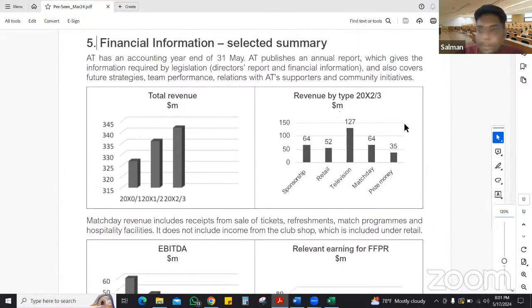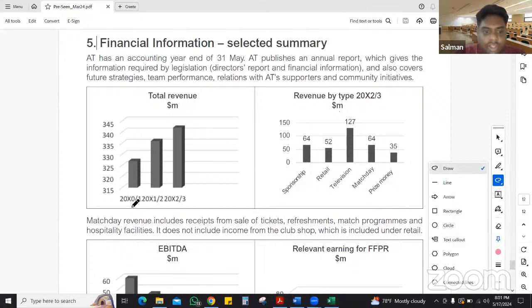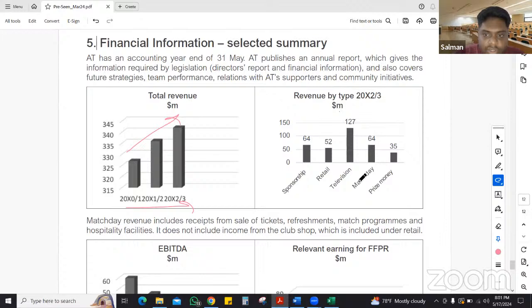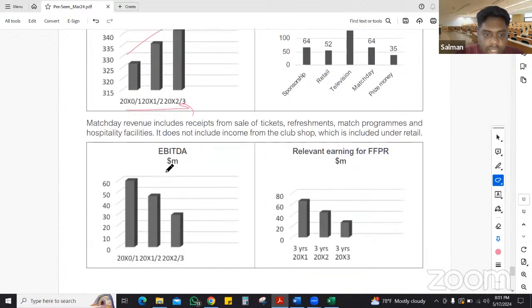You can see that revenue has increased. EBITDA, earnings before interest, tax, depreciation, and amortization, has declined. Your revenue increase means your profit should increase, but your operating expenses have drastically increased, causing your profit to decline.